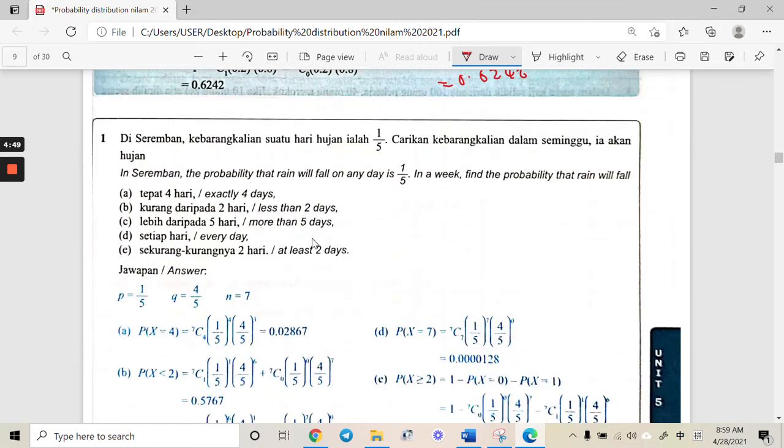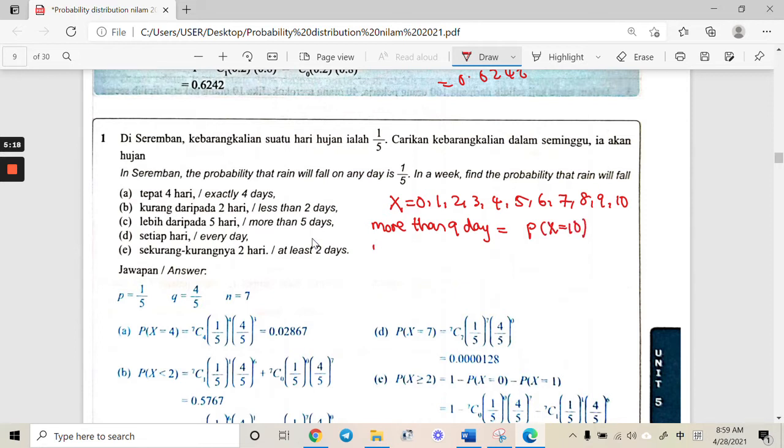Okay, let's say I have x equals 0, 1, 2, 3, 4, 5, 6, 7, 8, 9, 10. For example, I have 10 tests. If I say more than 9 days raining, more than 9 means your answer is only P(x equals 10).